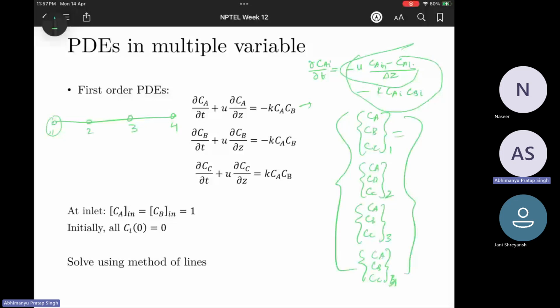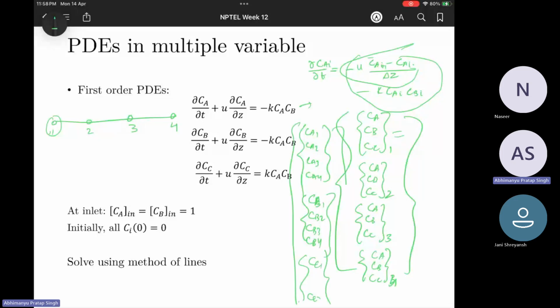The other thing that I can do is write all of my CAs together. So I can write CA1, CA2, CA3, CA4, and then CB1, CB2, CB3, CB4, and like that for CC1 to CC4. In both cases, I will get the same answer.